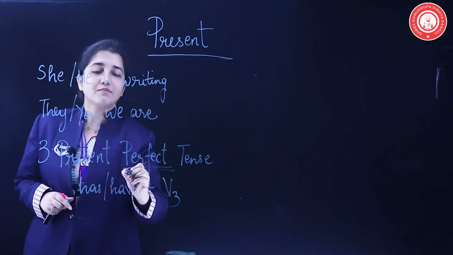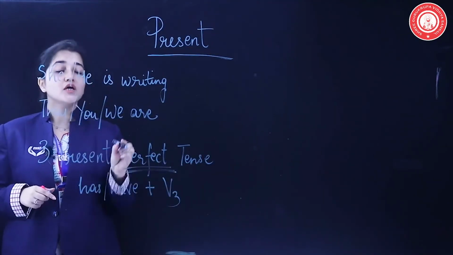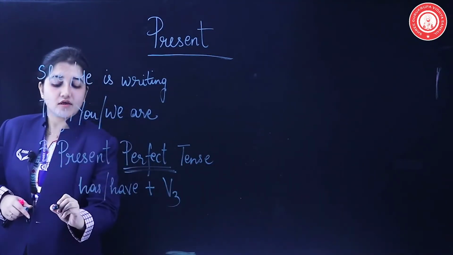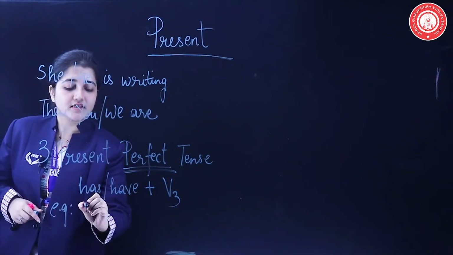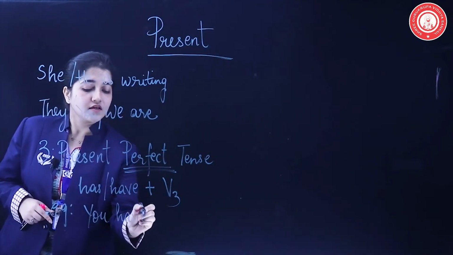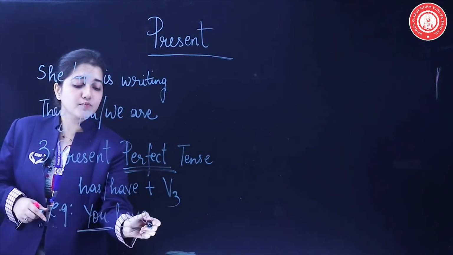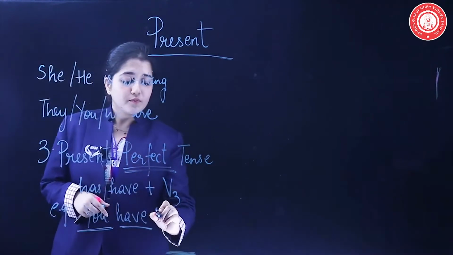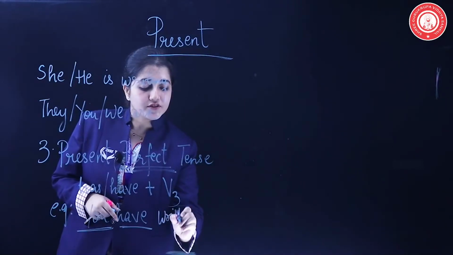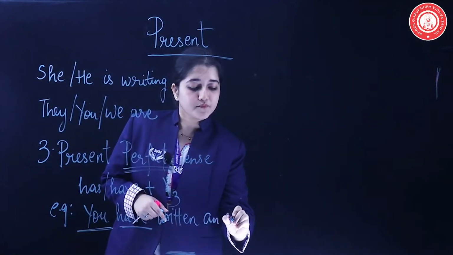Perfect tense automatically means the usage of the third form or the past participle form of the verb, which here is written. So for example, the sentence will sound something like this. With a plural subject, we will use a plural helping verb. You have written an essay.